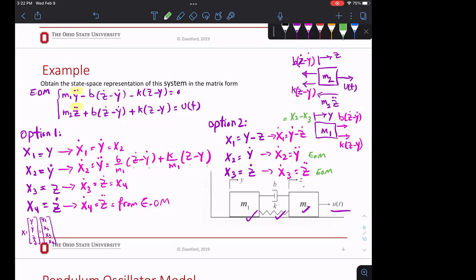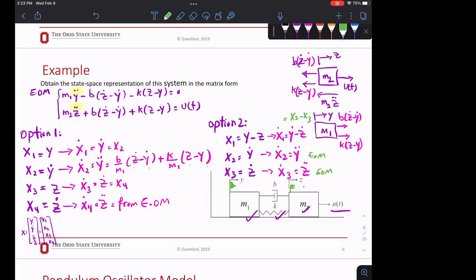But if your application didn't care, if there was a flag up here, you want to know how much this flag is moving. It is moving y minus z anyways, right? So you didn't lose any information. But if you had 2 different flags, let's say, and you need to know exactly how much each of them is moving, then you had to go with option 1 and get them separately.